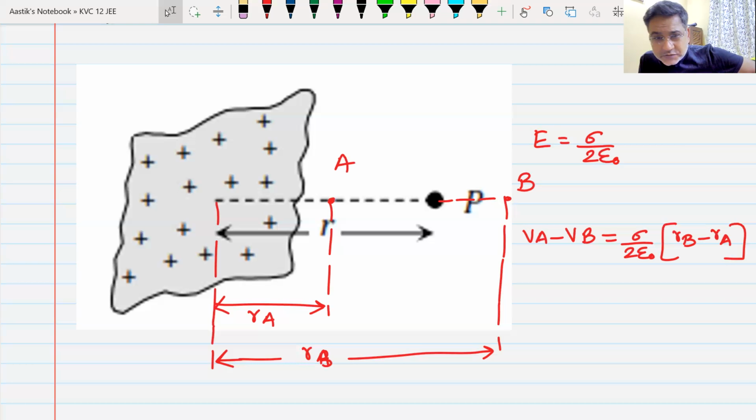How will you find it out? I'll give you 2 minutes to set up the integral, get the answer, and stay happy. At the end of the day, we all must stay happy.